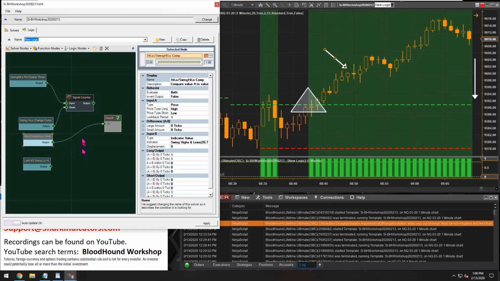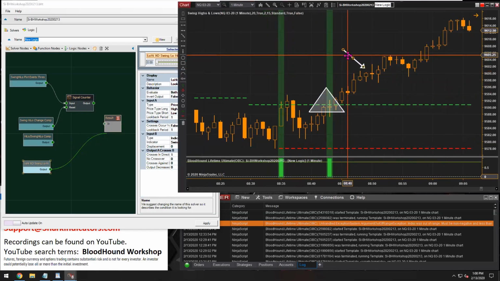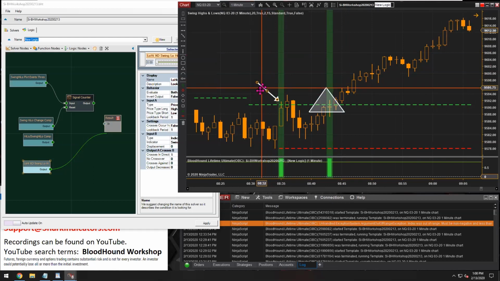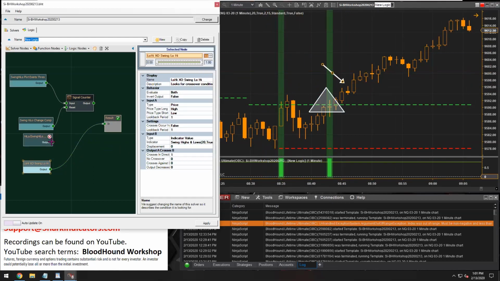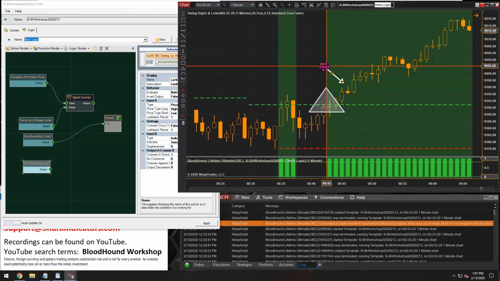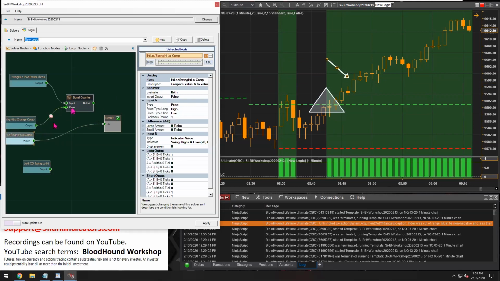And that's probably more appropriate than using the crossover solver. So instead of just using this first bar, we'll use all bars. We'll use all of these bars that have broken the swing high or the swing low to reset the signal counter.